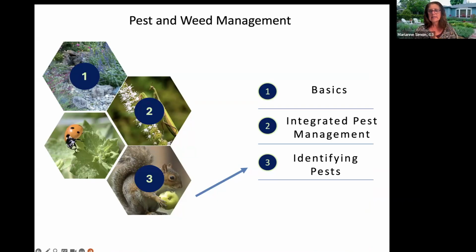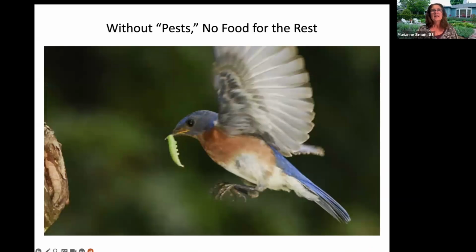Okay, next up, identifying pests. This was one of the things I mentioned beforehand when we were looking at those pesky whiteflies: yes, they are annoying to us as humans, but they didn't just randomly show up on our plants to annoy us.